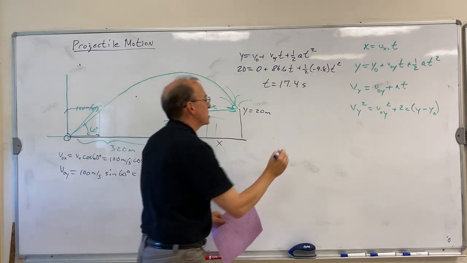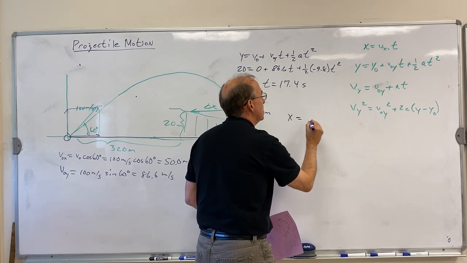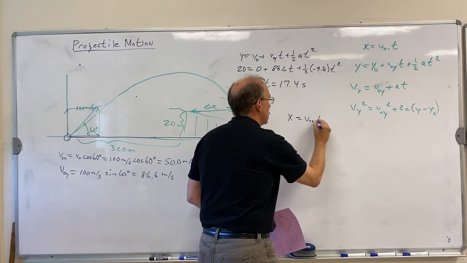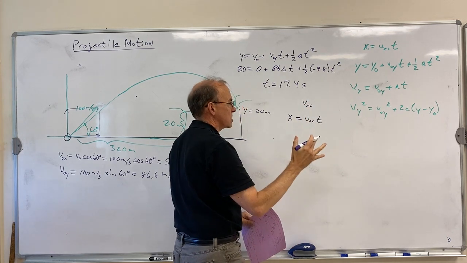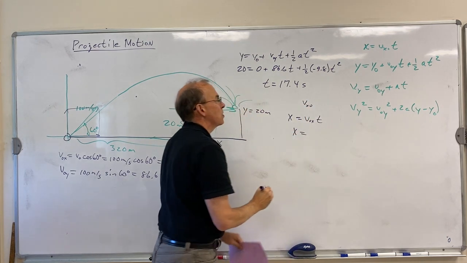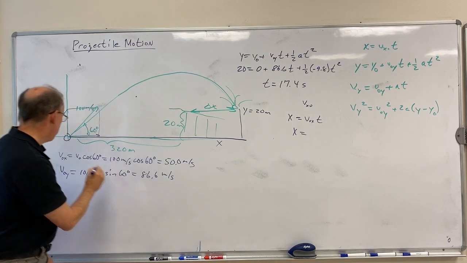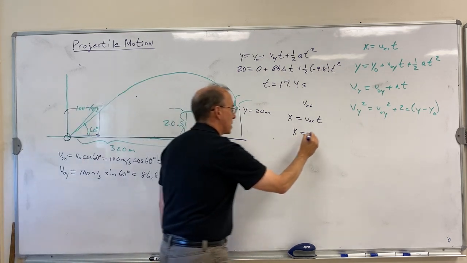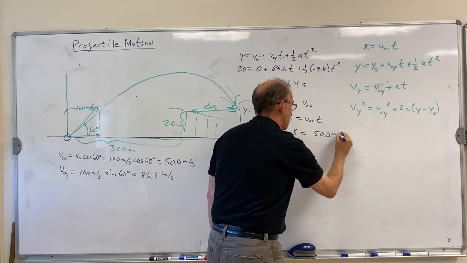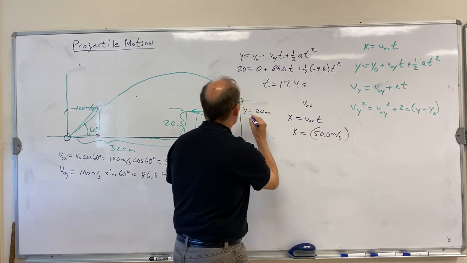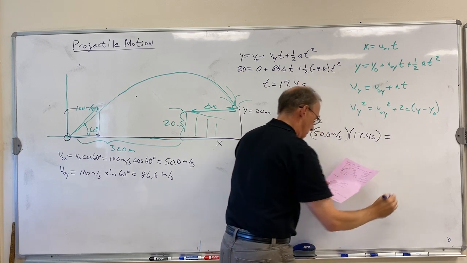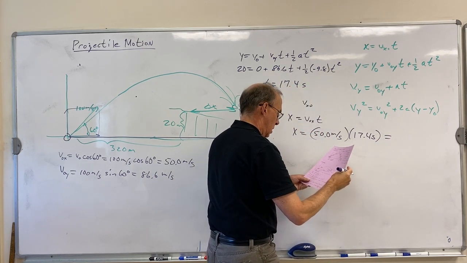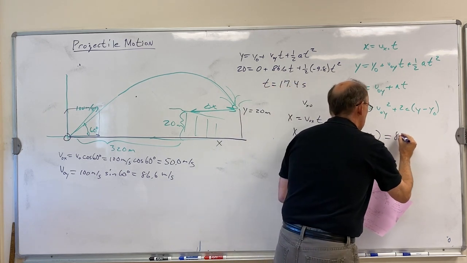So the distance where it hits, x, is v naught x t. Doesn't matter whether I write it v naught x or vx naught. I mean the same thing. So this is 50 meters per second times the time, now 17.4 seconds, and that is 870 meters.